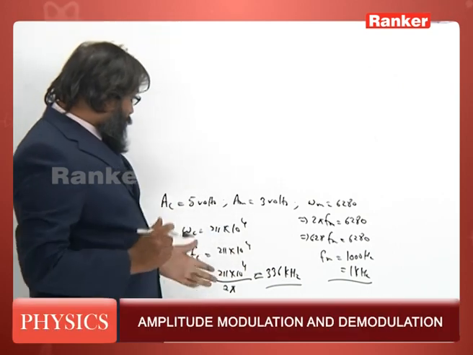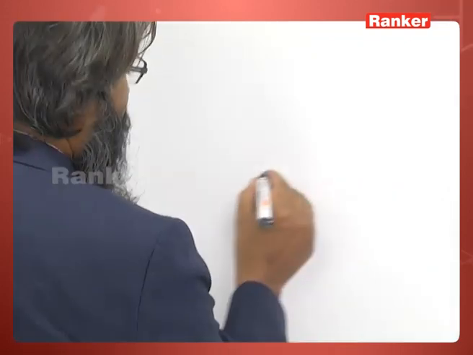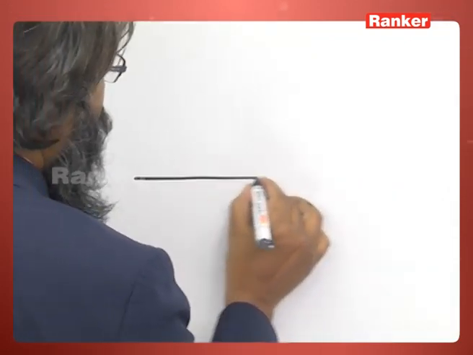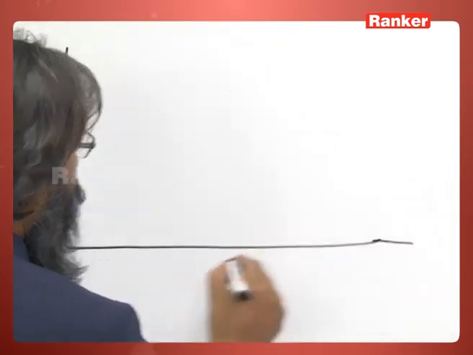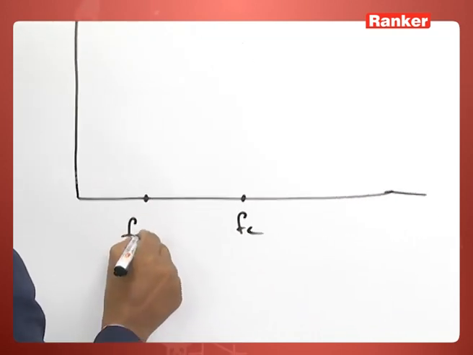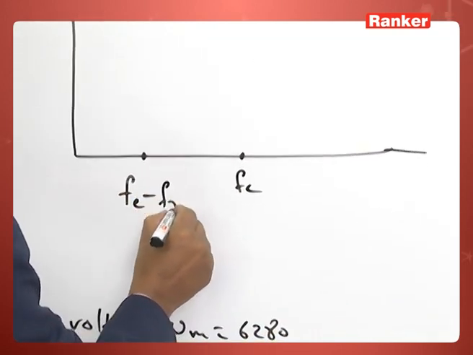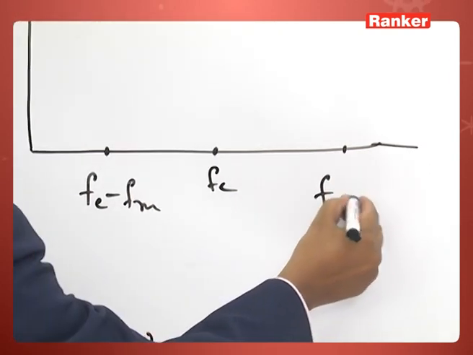Now let us see the frequency distribution. This is Fc, the lower side band is Fc minus Fm, and the upper side band is Fc plus Fm.